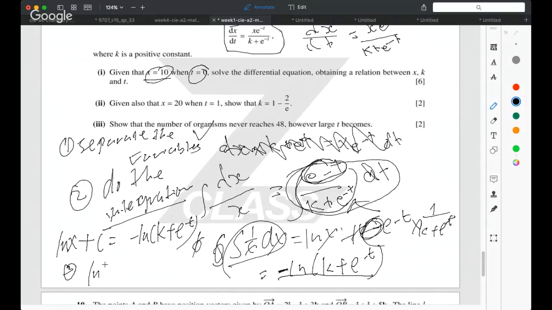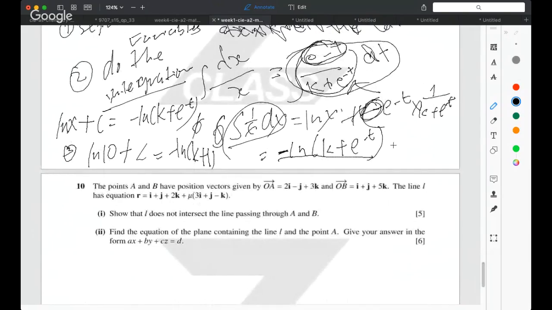So ln 10 equals minus ln of k plus e to the negative 0, which is 1, plus c. So c is equal to ln 10 plus ln of k plus 1.